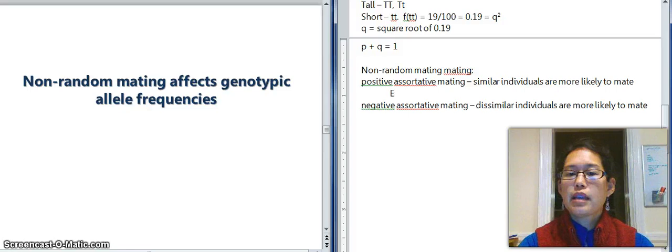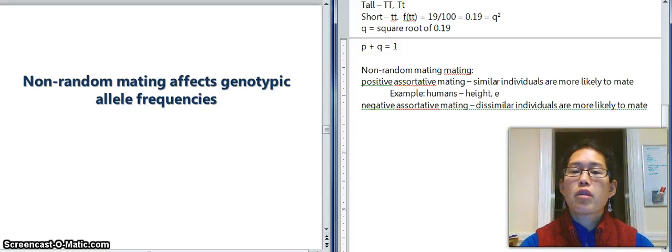One example of this can be found if you go to a mall where there's a crowd and look at the couples. They're often going to look similar. Humans often mate by height, weight, race, maybe geographic location.